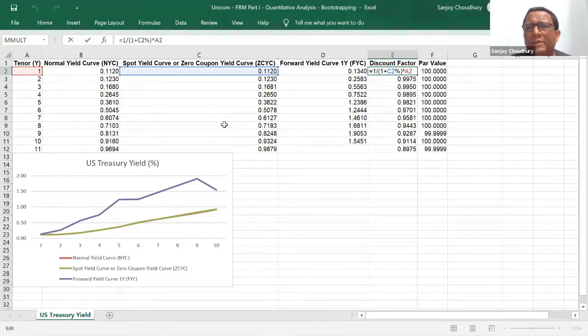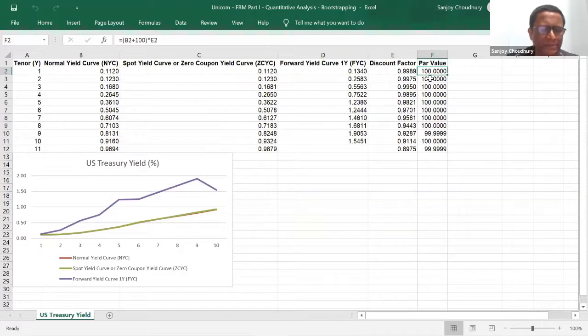We'll generate this spot yield curve by some technique. What is the technique? For that, I'll ask you to refer to column F. As you can see, this is a par value, in this case the same as the face value, which is 100. The first expression is B2, the first year yield, 0.1120, plus 100, which is considered the par value.